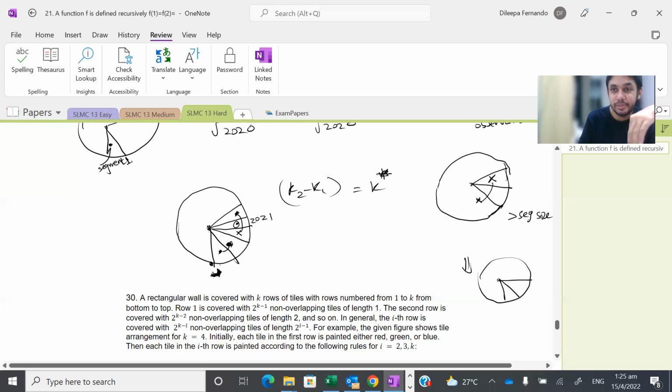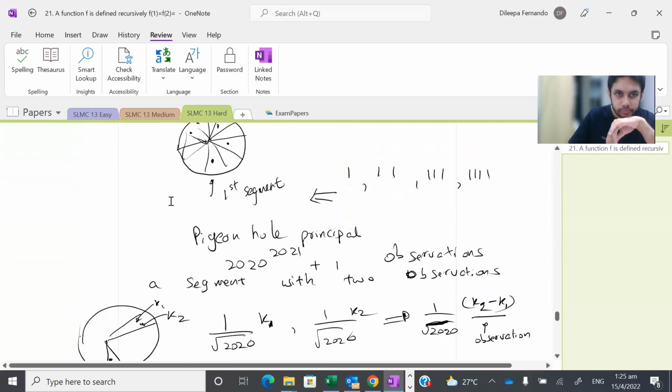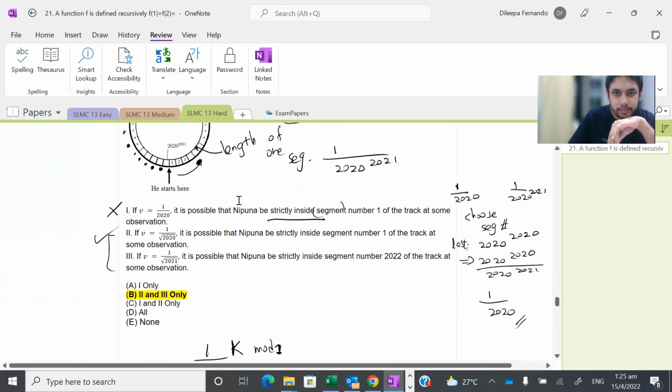The distance between two observations should be less than 1 over 2020 to the power 2021. That means all the segments are full of observations. That means track number 1 has an observation, and track number 2022 also has an observation.